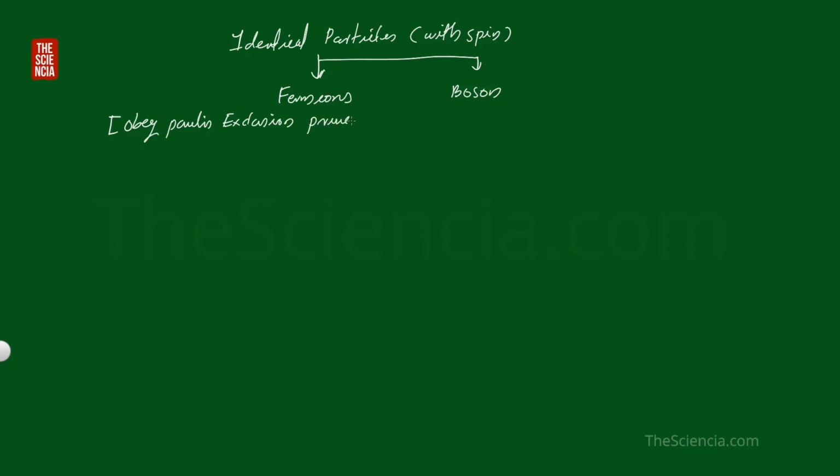That is, no two electrons or fermions can have all 4 quantum numbers the same. What are the quantum numbers? S is there and ms is there, that is, spin and orientation of spin. That means if the particle spin is half, then it will have 2 orientations, one is plus half and the other is minus half. This is the ms value, and this is the s value.